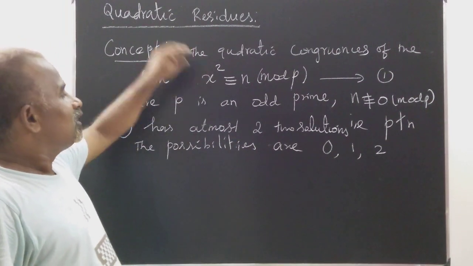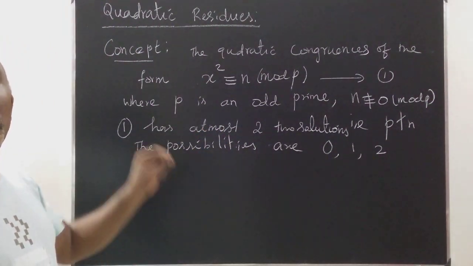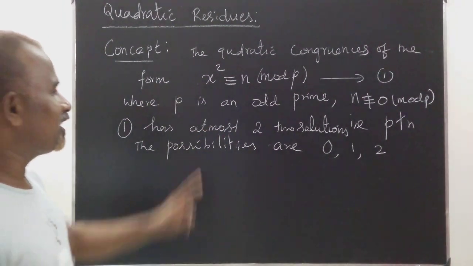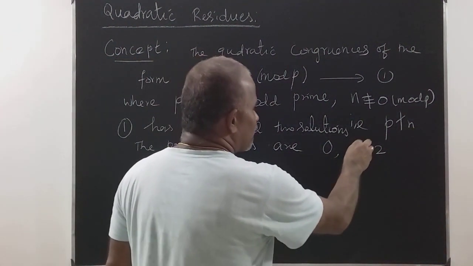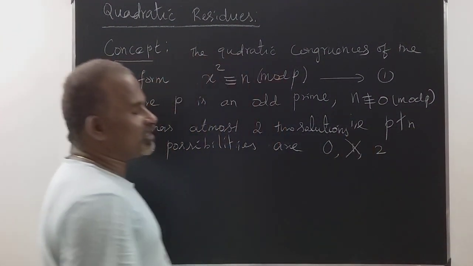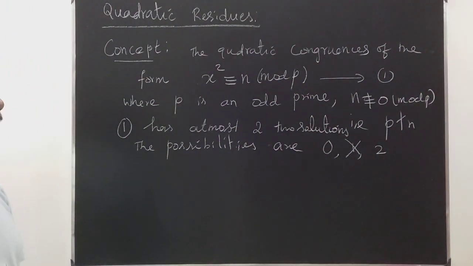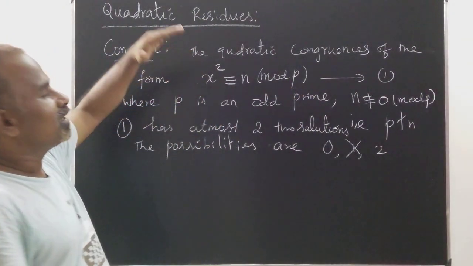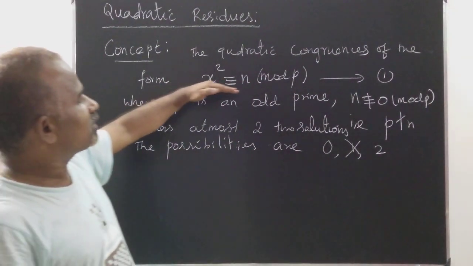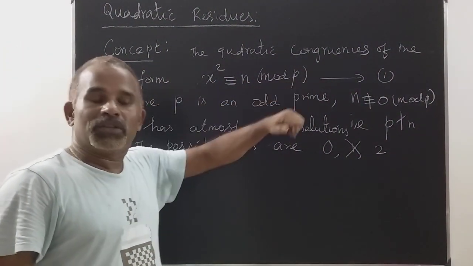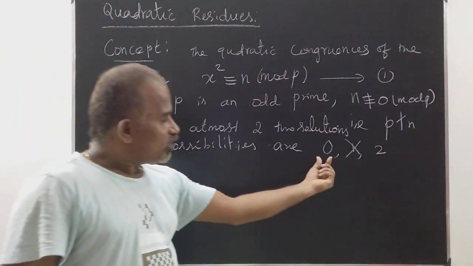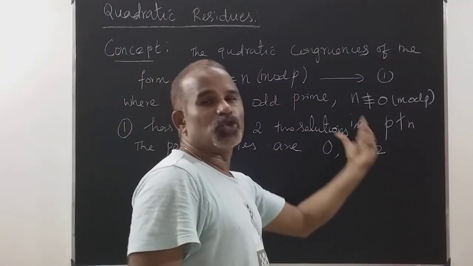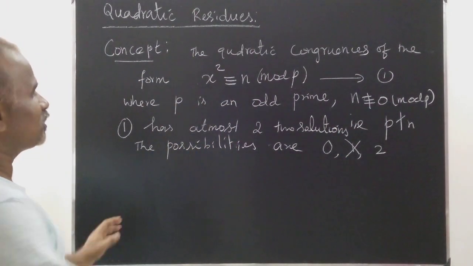Solutions always occur in pairs. So exactly one solution is never possible. Therefore, this congruence has either zero solutions or two solutions. Now this is most important.